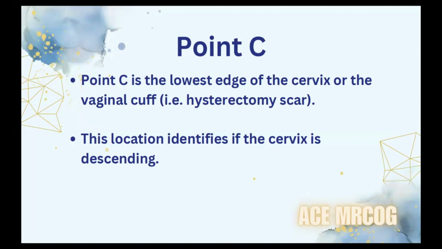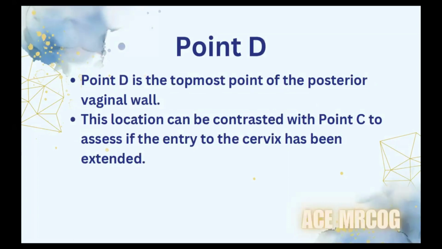And point C is basically the cervical descent or the uterine descent that we usually see in uterine prolapse patients. We can see that point C is protruding outwards, or point C is basically prolapsed. I'm going to tell you what cystocele means, what enterocele means, what vaginal prolapse means in this presentation. Okay, so the point D is basically the posterior vaginal wall, and so this is basically it.